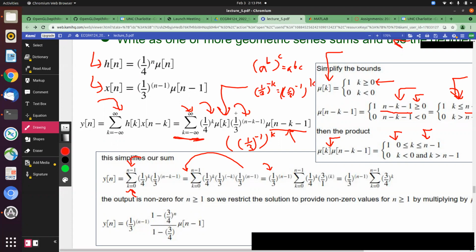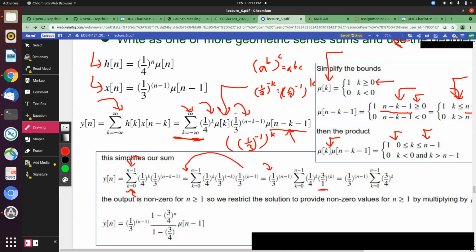It's the same thing. And I do that because (1/3) to the minus 1 is actually 3. So that's exactly what I do, and I write (1/3) as 3/1 to the positive k.